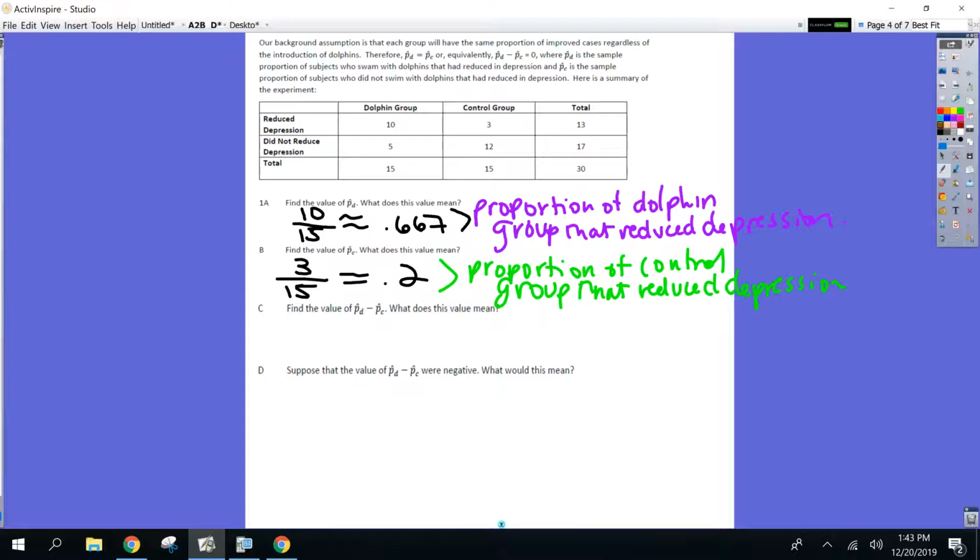Big difference, huh? Big difference over the ones who saw the dolphins. Now I want you to subtract the 2 for me. The dolphins minus the control group. 0.667 minus 0.2, because that's the value that's going to be key. And we end up with 0.467.